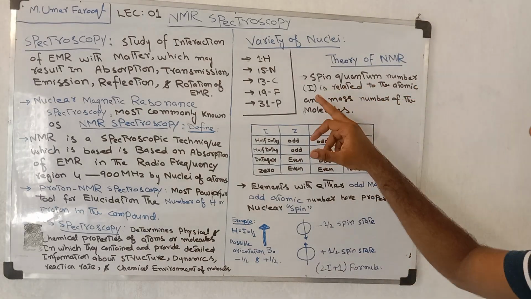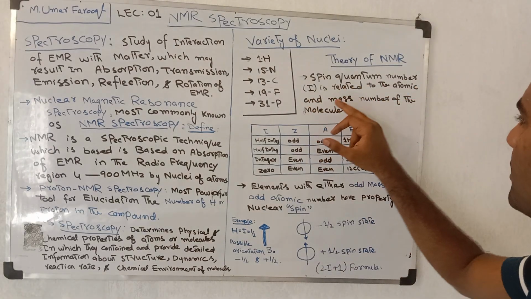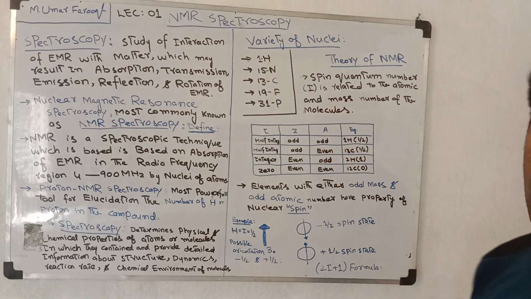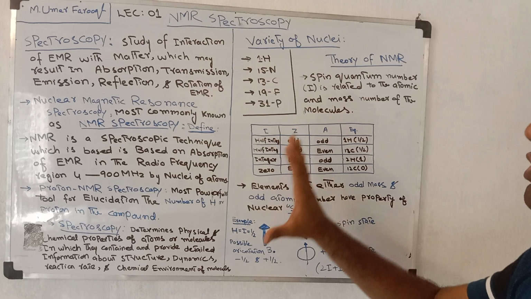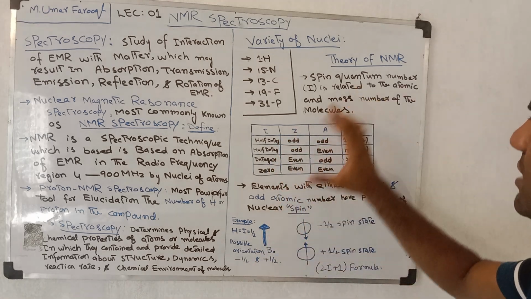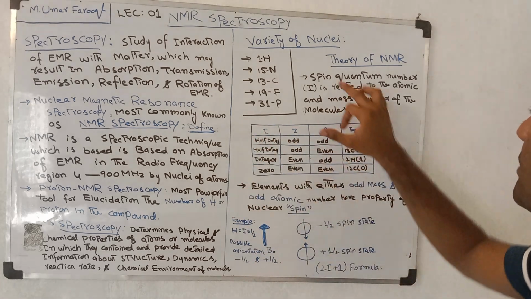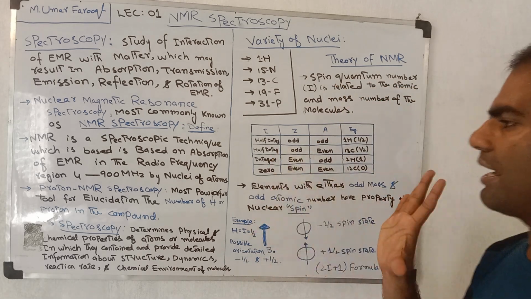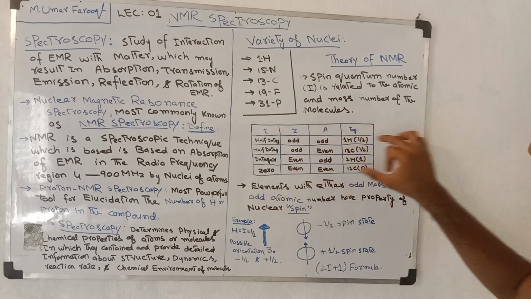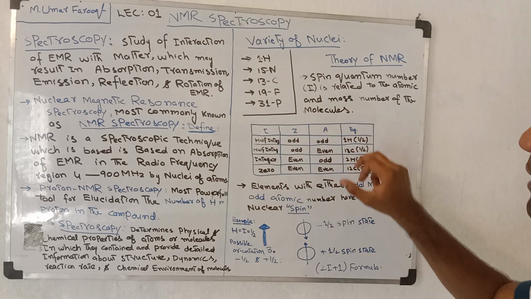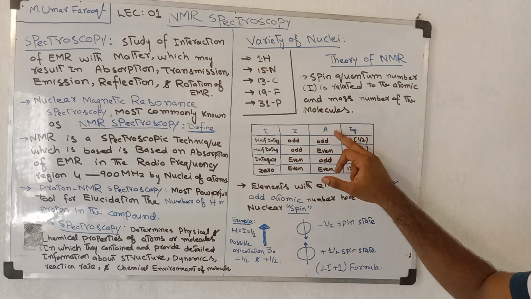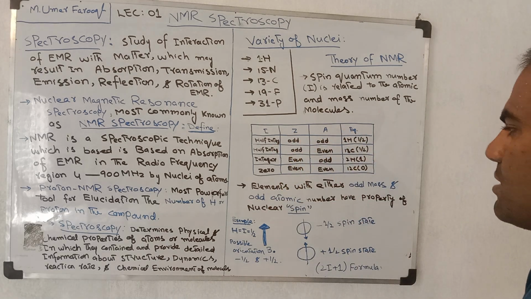Spin quantum number, represented by I, is related to the atomic number and mass number of the atom. In NMR spectroscopy, the spin quantum number is the fundamental character. This is the table of I, Z, A. I is the spin quantum number, Z is the atomic number, and A is the atomic mass.